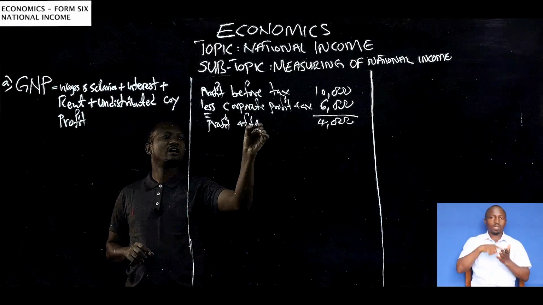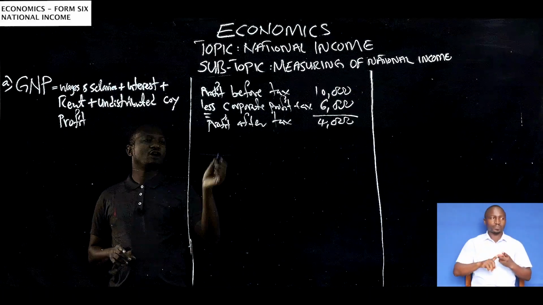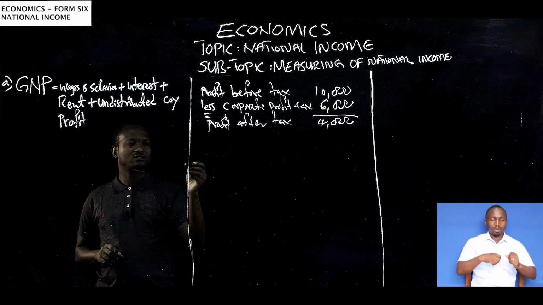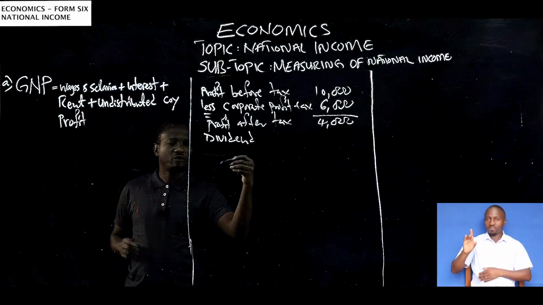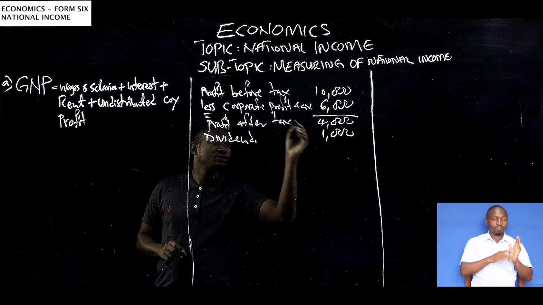Profit after tax. And then shareholders have to get their returns. We call it dividend. So assume dividend is 1,000.